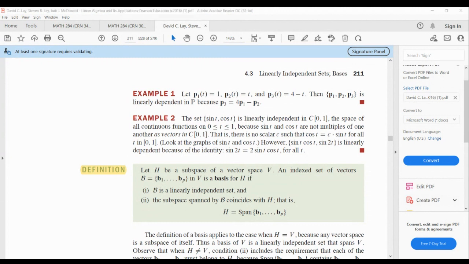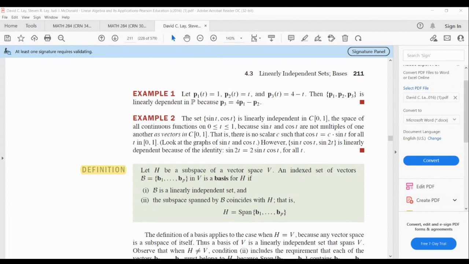One is if you have a set of vectors and the set of vectors are linearly independent, and the span of those set of vectors equals the space H, then you have a basis for your subspace H.